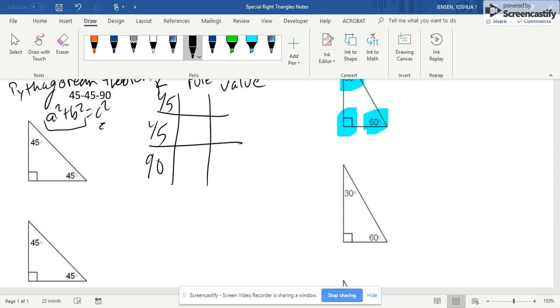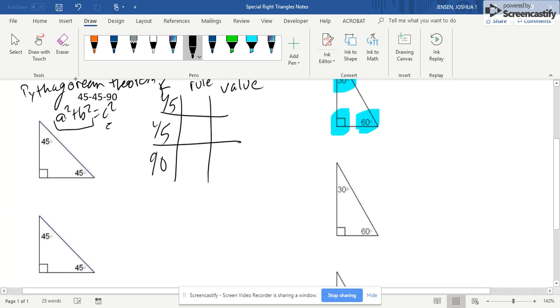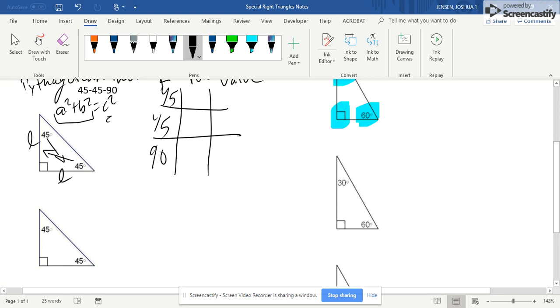Well, when you have a 45-45-90 and a 30-60-90, we have very specific rules that happen with the legs and the hypotenuse. The most important for the 45-45 is, since they're both isosceles triangles, that the legs have the same value. I typically use a lowercase cursive L for the leg, which looks like a little squiggle. When we have those two, we get that the hypotenuse is L square root of 2.